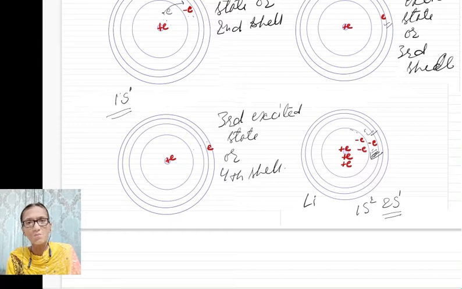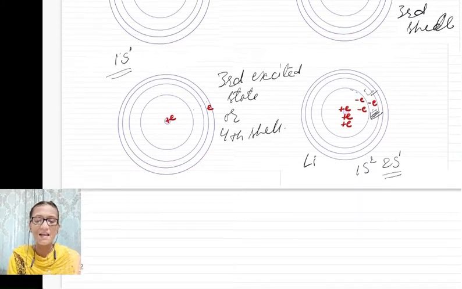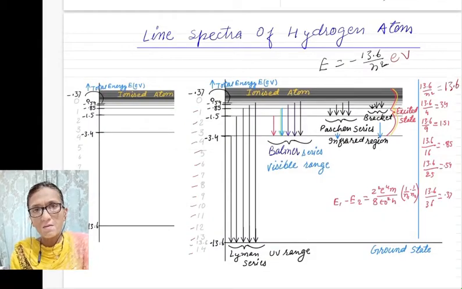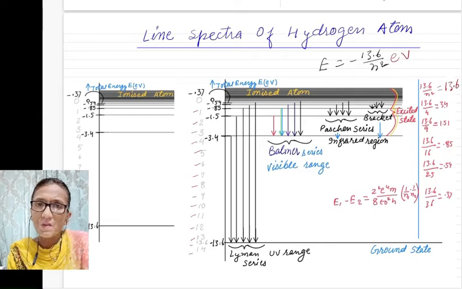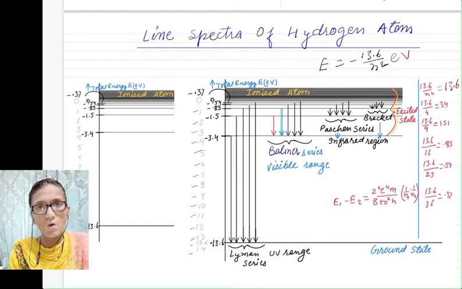So Bohr's model does not say anything about any element other than these hydrogenic elements. Line spectra of hydrogen atom can be studied using an energy diagram. Here you have the energy diagram, and this is your energy axis.